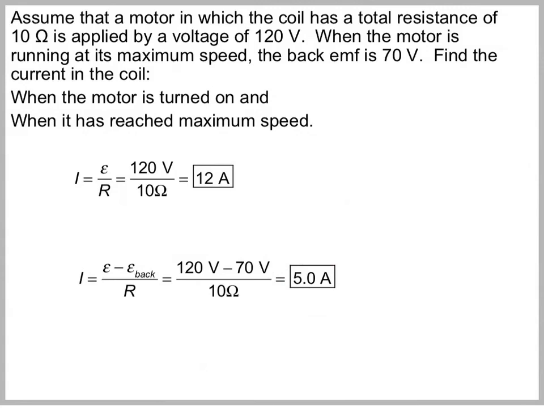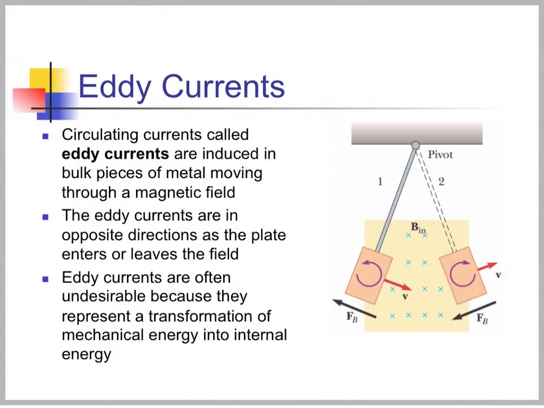Now, another thing that we see with induced magnetic fields is something called an eddy current. If I have a bulk piece of metal moving through a magnetic field, there are eddy currents that are created that are opposite in direction as the plate enters and leaves the field. And eddy currents are very undesirable because they represent a transformation of mechanical energy into internal energy.